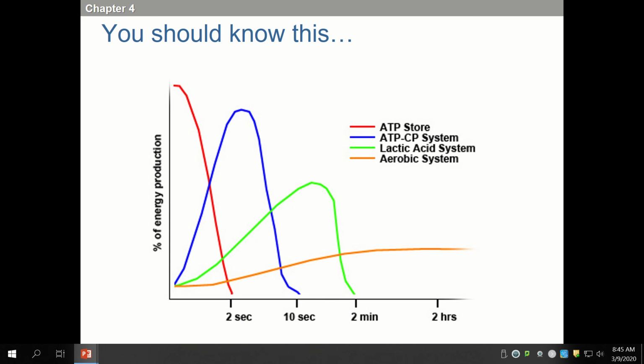Now, hopefully you remember pyruvate versus lactate. Which one had more hydrogen in it? Lactate. So functionally, lactic acid is produced to lower the amount of acid inside of a muscle. A couple of things we could do to extend the lactic acid system would be to take acid buffers.